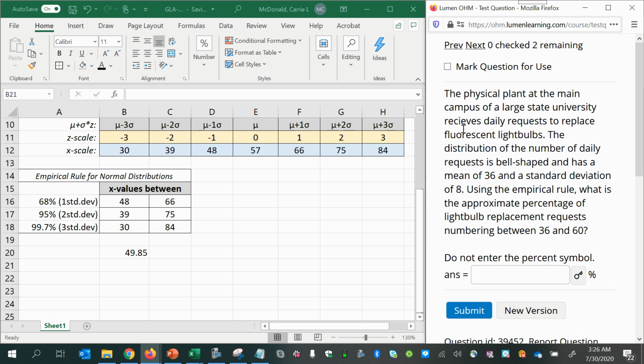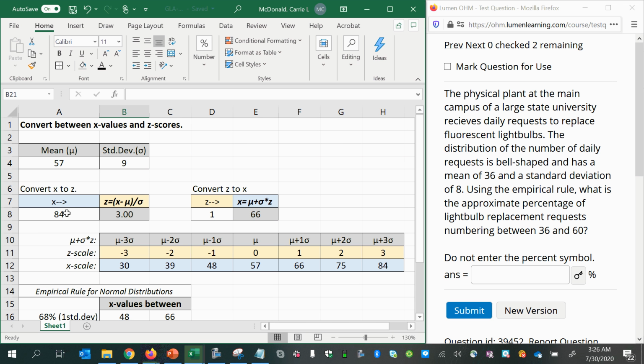The physical plant at the main campus of a large state university receives daily requests to replace fluorescent light bulbs. The distribution of the number of requests is bell-shaped and has a mean of 36 and a standard deviation of 8. Okay, what percentage lies between 36 and 60?